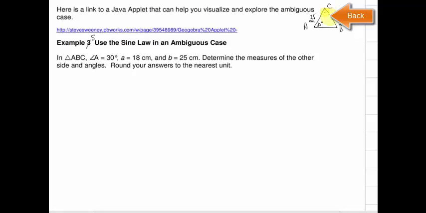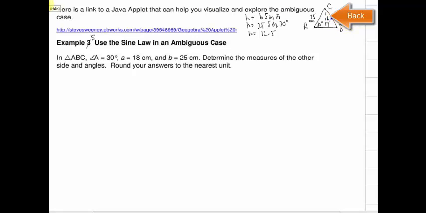And remember, we need to know what the height is if we're going to determine whether it will result in 0 solutions, 1 solution, or 2 solutions. So our height is h equals b sine of A. So h equals 25 times the sine of 30 degrees, and we find that it is 12.5. Okay, so that's equal to 12.5.